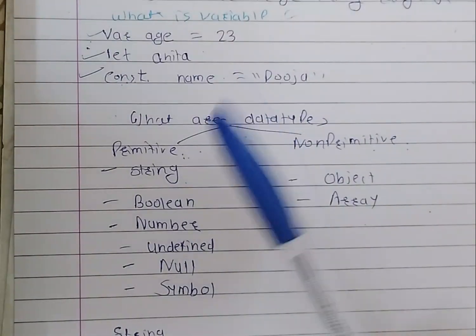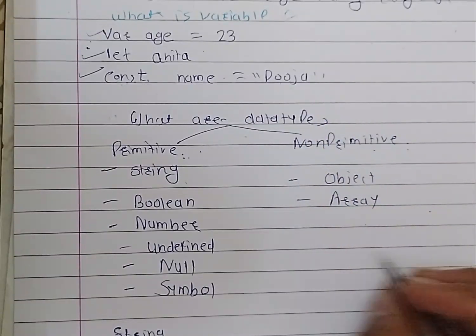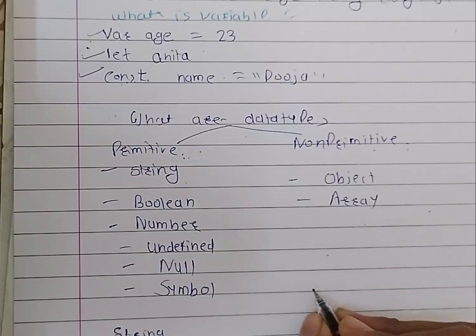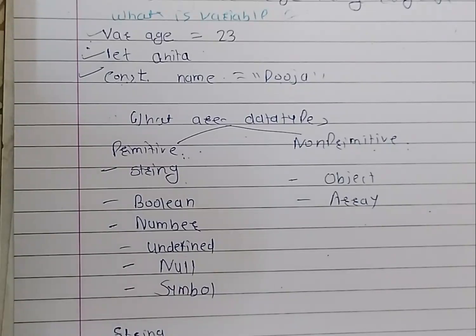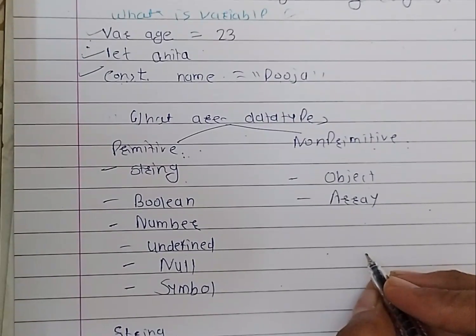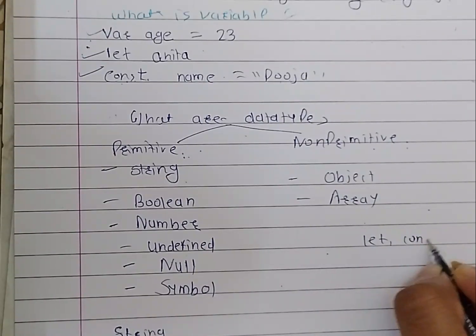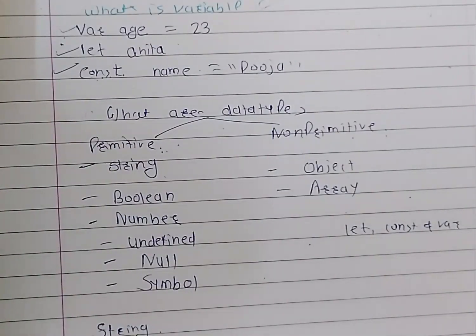So let's see what the main difference is between primitive and non-primitive data types. Simply, primitive data types are static data types. So what is the meaning of static? Here we can see that in the last lecture, we saw that with the help of three keywords, let, const and var, we can declare a variable.